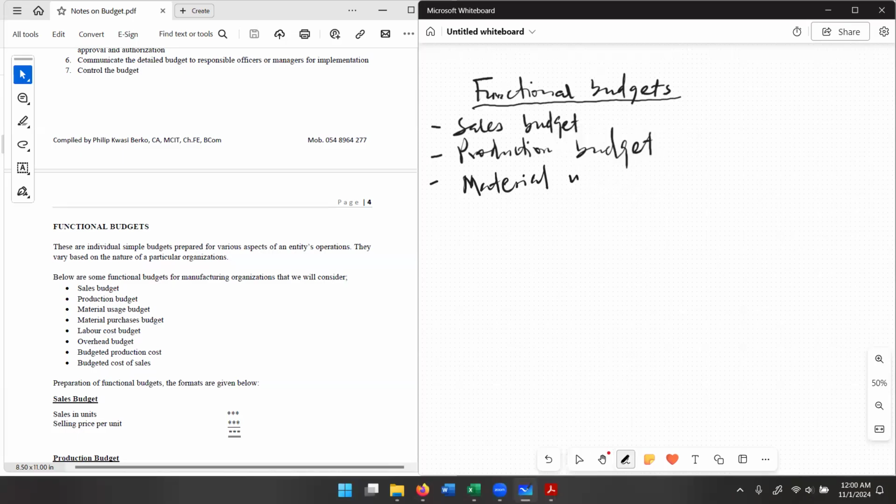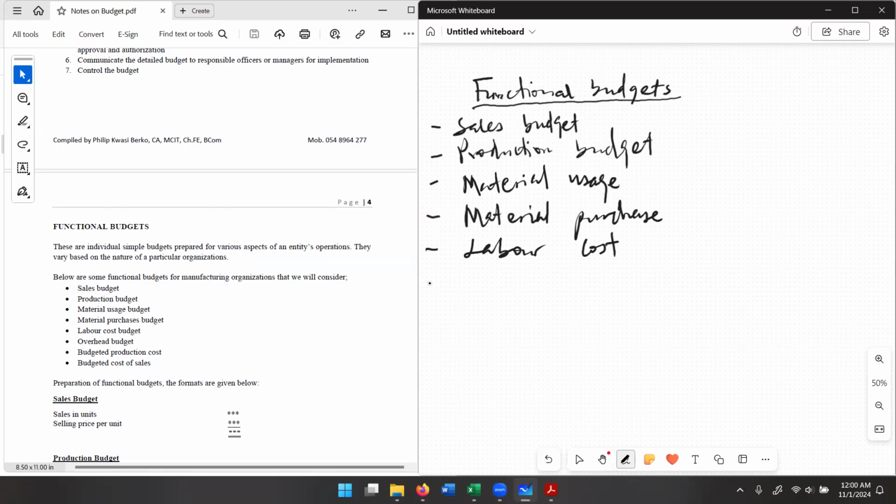So the material usage budget. Then we come to the material purchase budget. And then we look at labor costs. The labor costs budget. So these are the main functional budgets we'll be looking at.